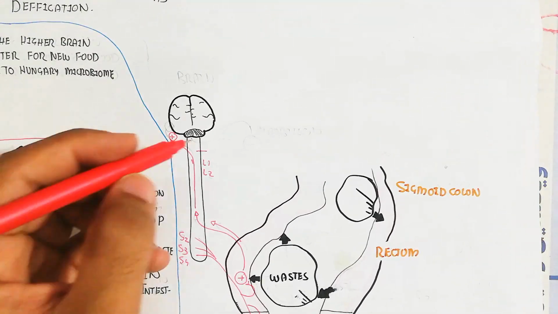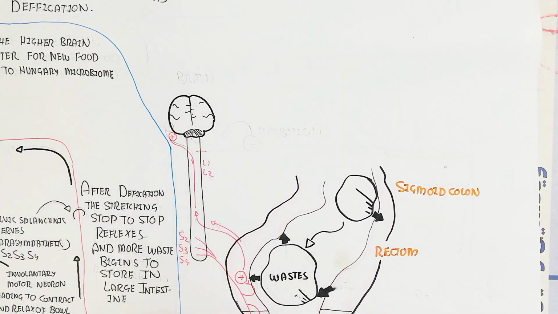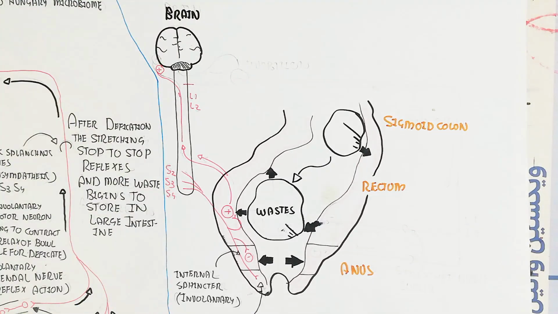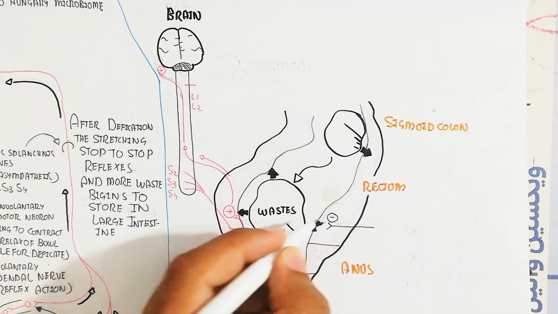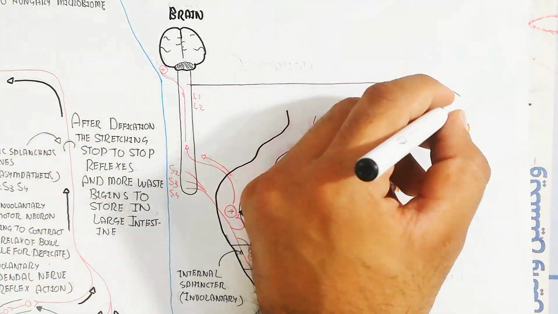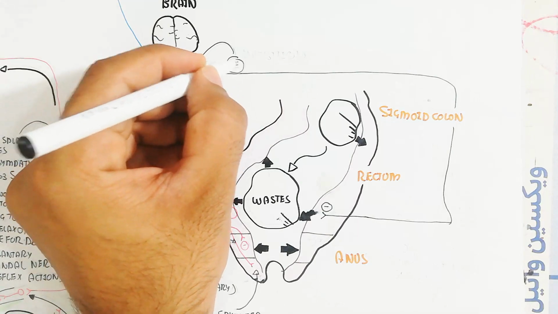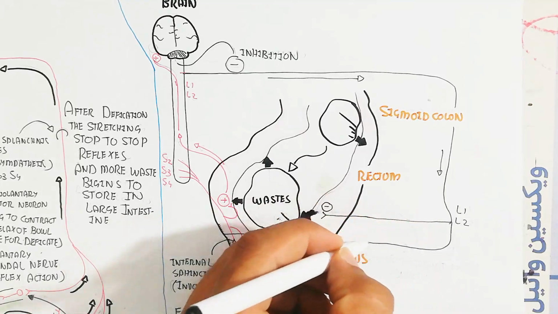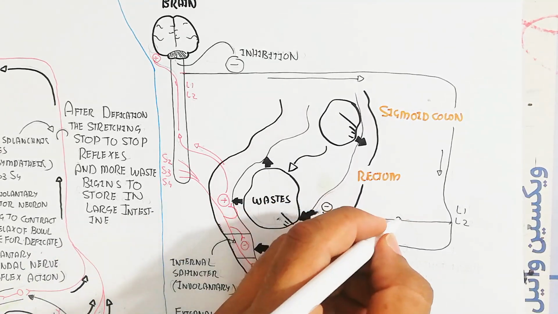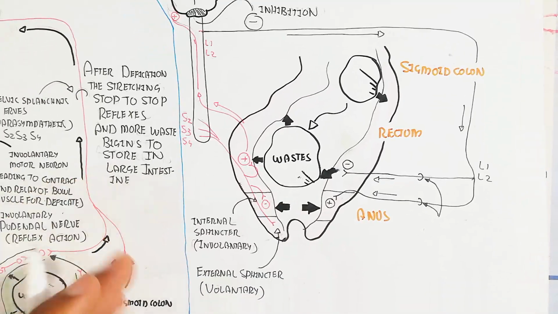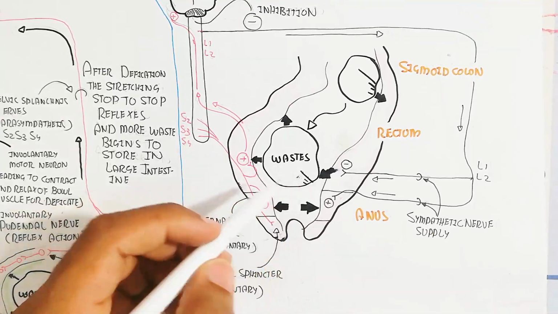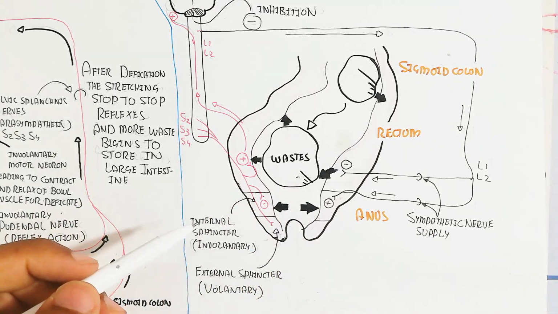The sympathetic supply will be inhibited, so the contraction of the sphincter muscle will not be possible. The brain inhibits the sympathetic nerve supply, and this is why the negative sign shows that it will relax.